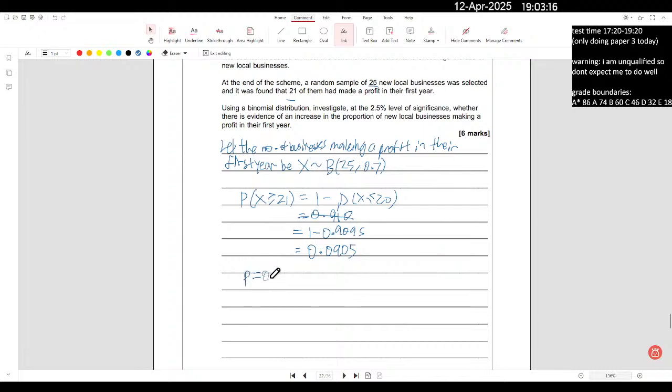Okay, p equals 0.0905, which is more than 0.025. I believe it's 2.5%.